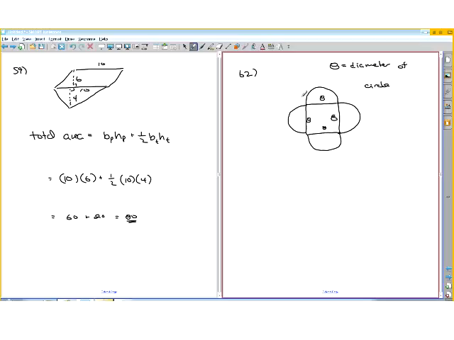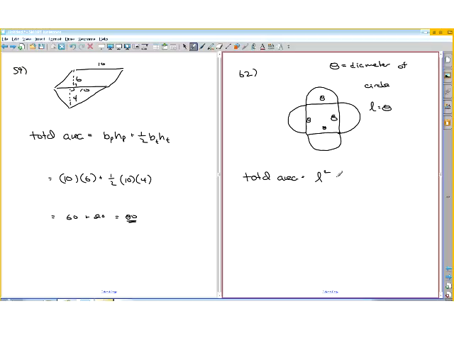Now, we could find the area of a semicircle, which would be half the area of a circle, or you can think of it as these are 2 halves. So this area plus that area is equal to the area of one circle, and this one plus that one is the area of the other circle. So the total area equals the area of the rectangle, which is just the length squared, where L is equal to 8.